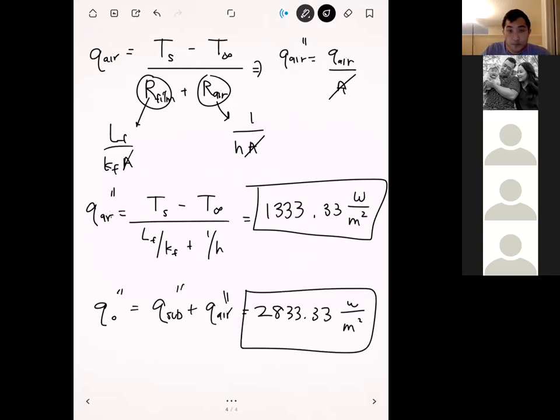All right, and so that's a good example there on how you can use a thermal circuit to kind of simplify a problem with lots of different layers like this. Any questions on this before we move on to cylindrical heat transfer?